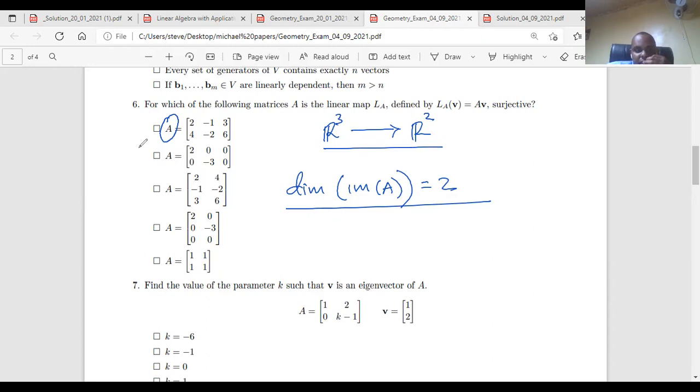So to know if it's surjective, because they're talking about a linear map, what do you need to have? What are the properties? To be surjective, the range, or the image, of that linear map LA has to equal the codomain.